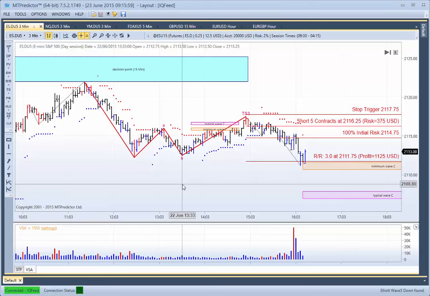This is also what I mean when I've been talking with our MTPredictor customers about only trading when you get the best, clearest, cleanest and most obvious trade setups. We all know the markets go in cycles, where sometimes you can have a very cloudy cycle, as I call it, driving through fog, where the pattern is very unclear. That is the time when you stand aside, you don't try and trade.